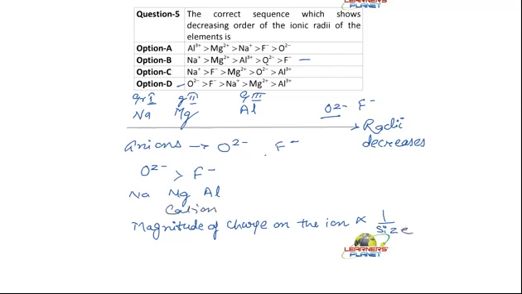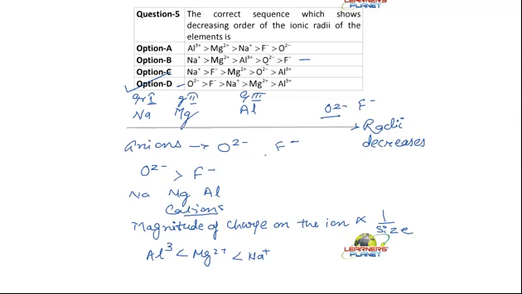This is in the case of cations, right? So more is the positive charge, smaller is the ion. It means your Al3 plus is smaller than Mg2 plus, which is smaller than sodium plus. So we have got our answer.